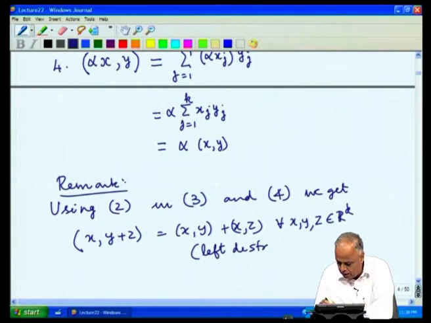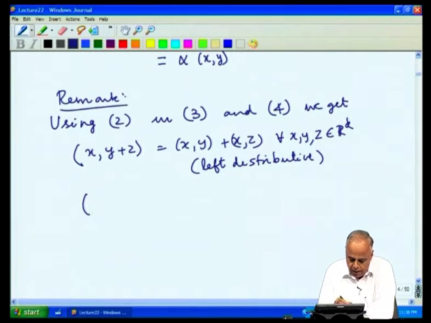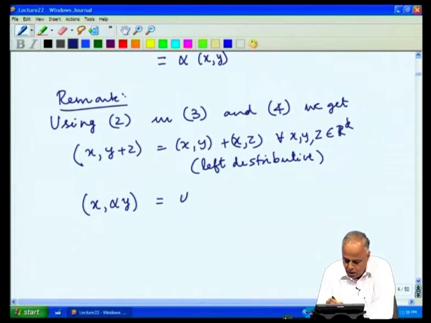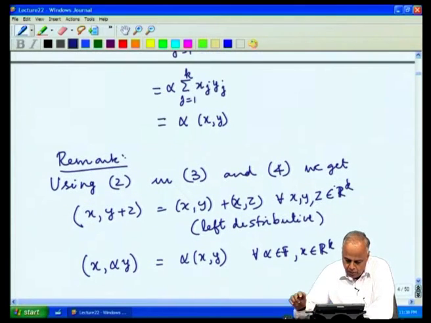The inner product is left distributive, and we get x comma alpha y is the same as alpha times x comma y for every alpha in F and x, y in R k.